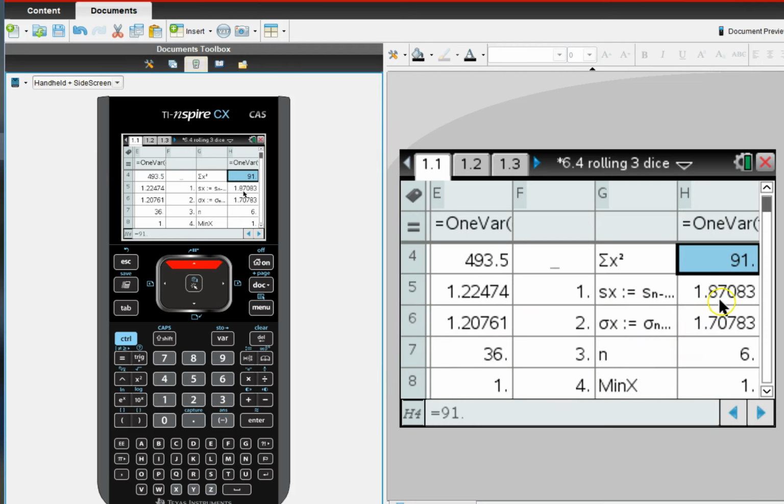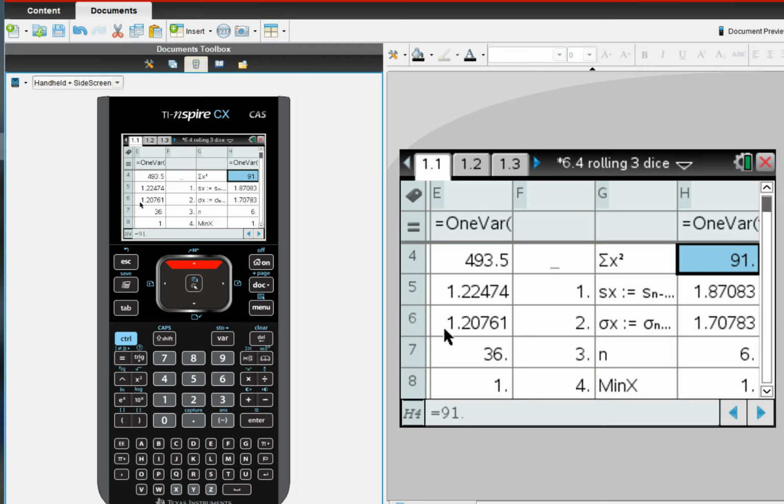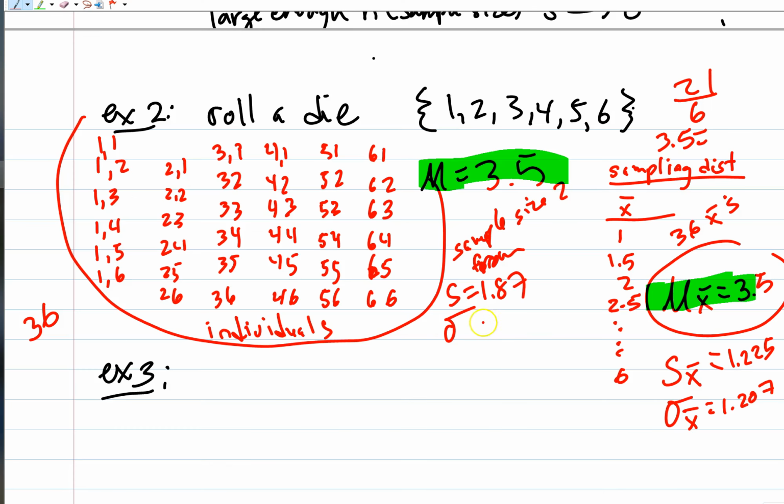Okay, so 1.87, 1.77, I'm going to put the 1.87 here. And sigma was 1.7078. Okay, and notice that's not the same.